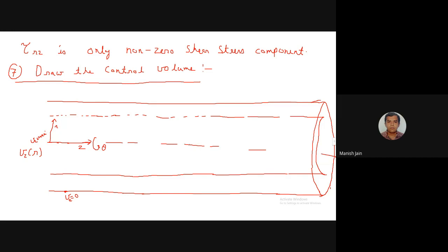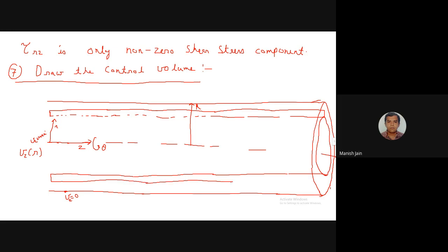The radius of the actual pipeline is capital R. From distance r, we take another imaginary cylinder surface. Now the differential thickness of the control volume should be in the direction where the velocity is changing.